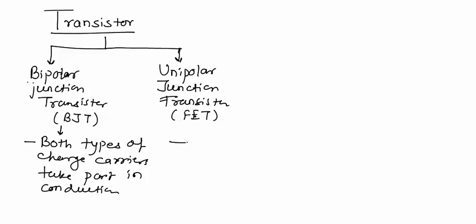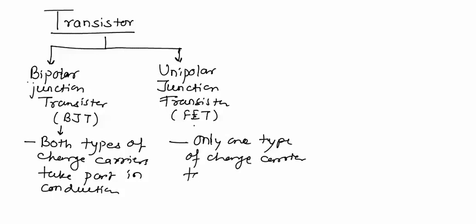While in unipolar junction transistor, only one type of charge carrier takes part in conduction.